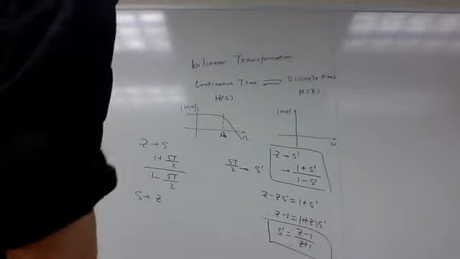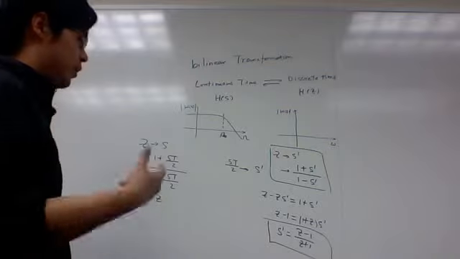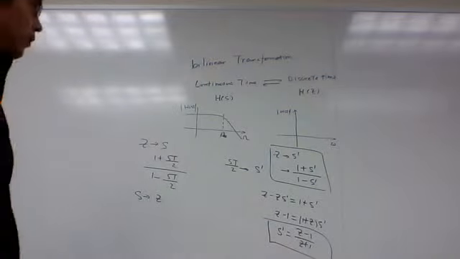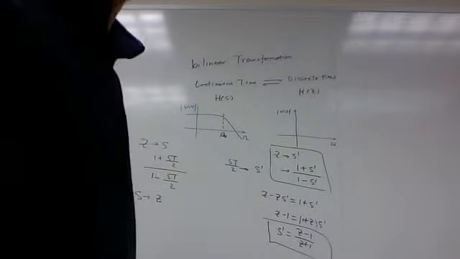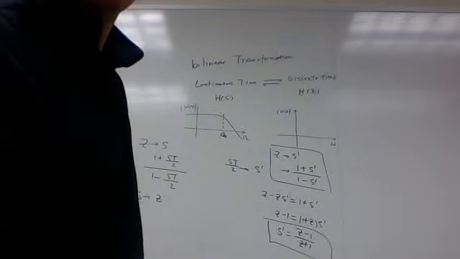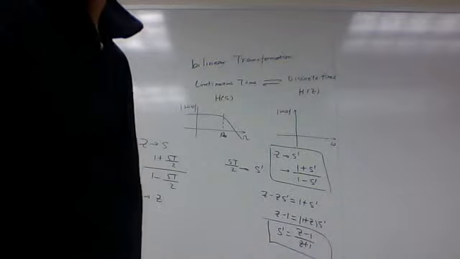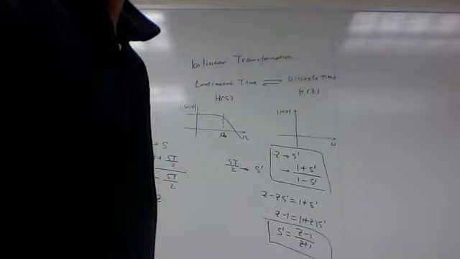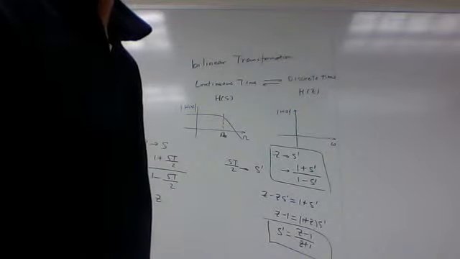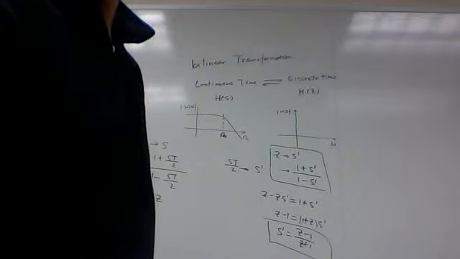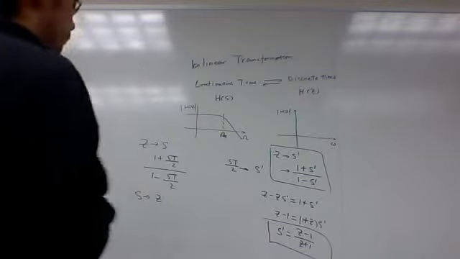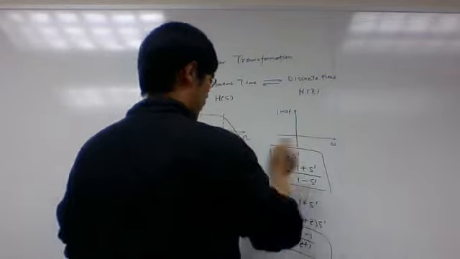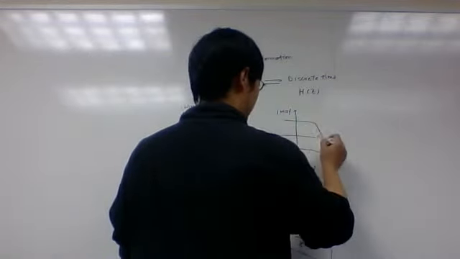So this is how we translate between s and z. There's one more thing we need to be familiar with, which is frequency warping. We need to see what the frequency here corresponds to the frequency there.